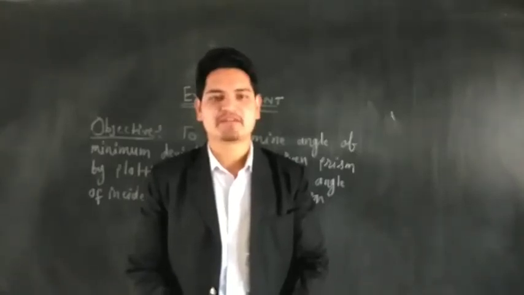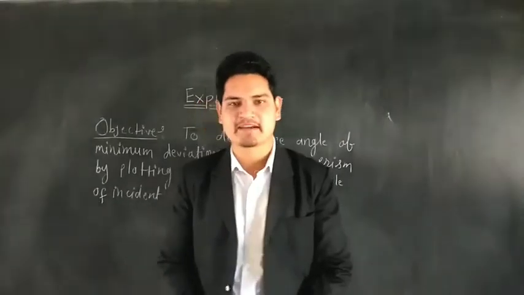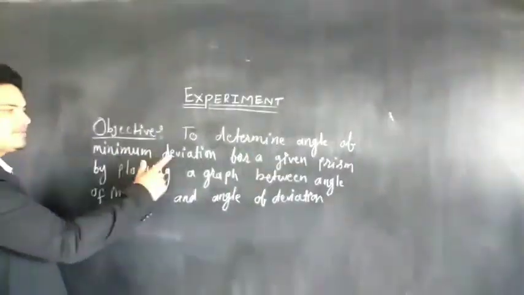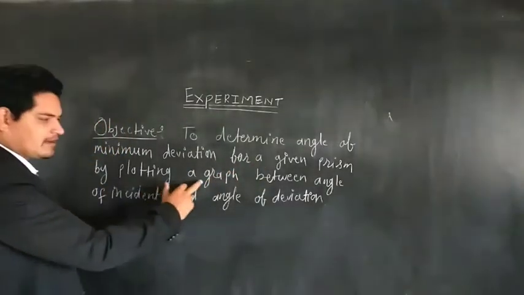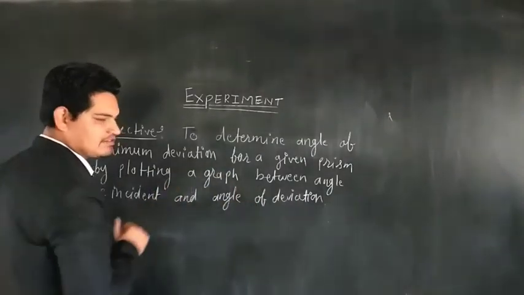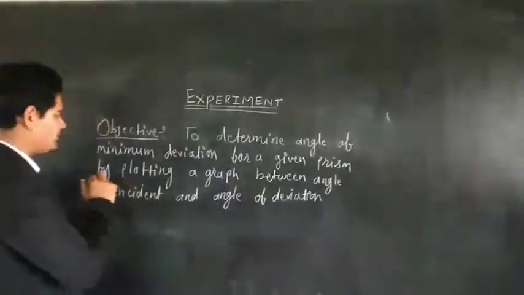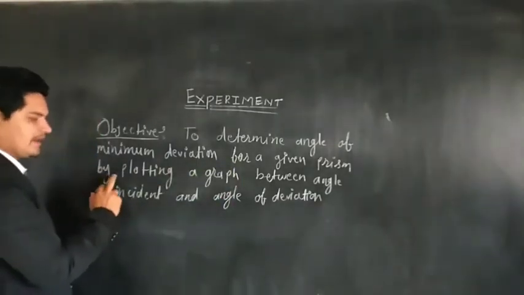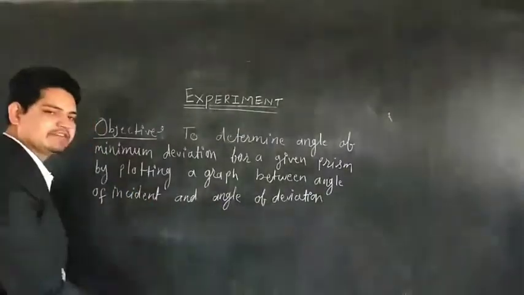Today we are going to start class 12 physics practical. Our next practical is to determine the angle of minimum deviation for a given prism by plotting a graph between angle of incidence and angle of deviation.